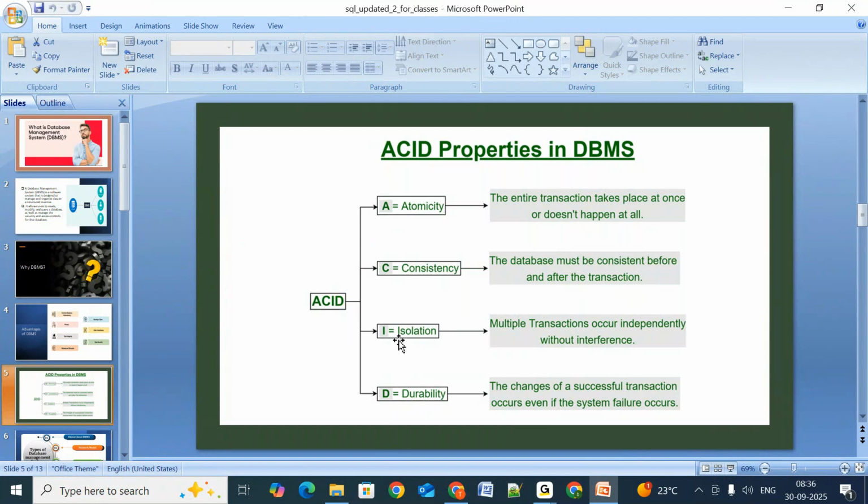So three independent transactions were happening, right? In SQL also, you are doing some transaction, your colleague is doing some transaction, your manager is doing some transaction of the data. That should be independent. That is nothing but isolation.